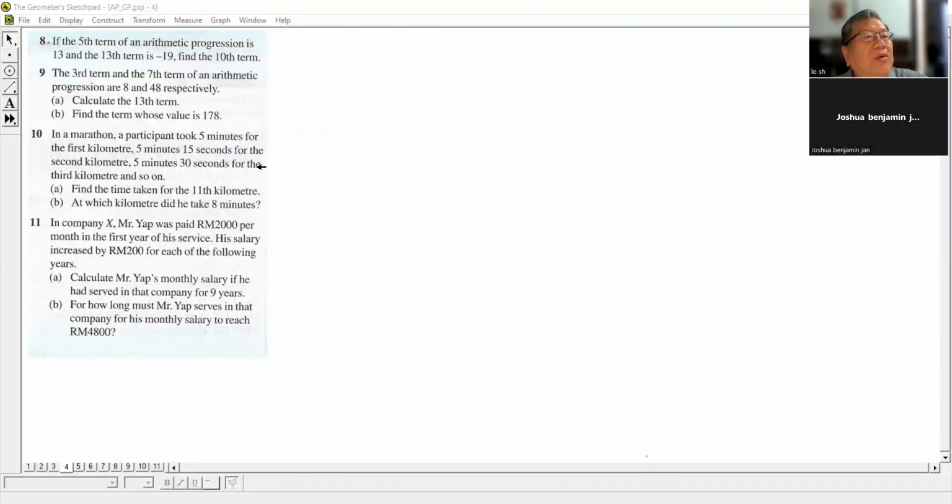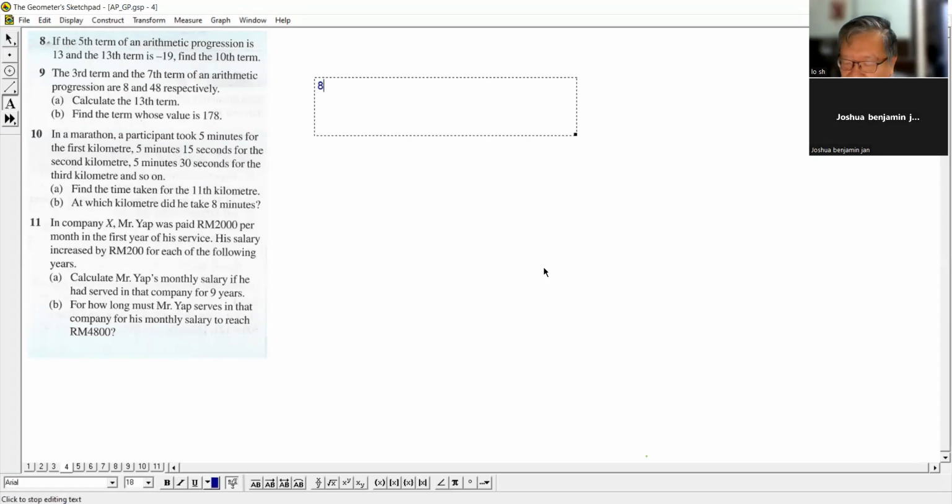Okay, so can you tell me how to start? Write in symbol. What to write? Number 8. The fifth term of an arithmetic progression is 13.